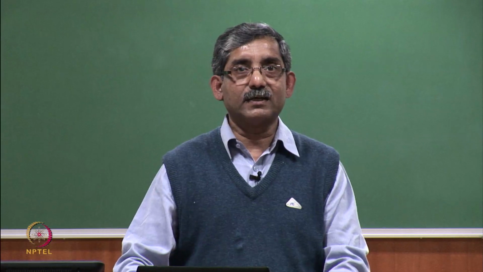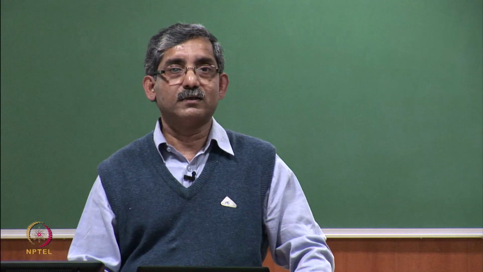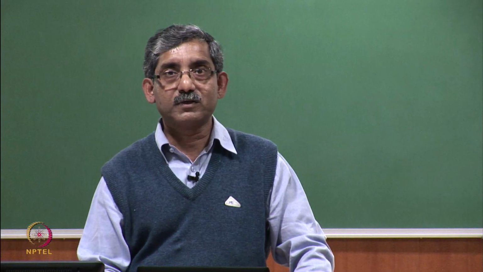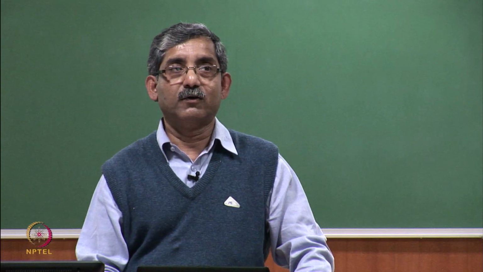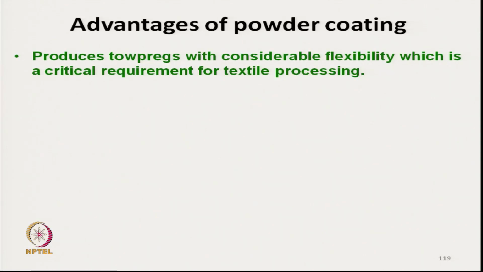The next technique is hybrid yarns from powder coating. This is the technique which has great potential in thermoplastic composite manufacturing for very high end application. The advantages are the produced tow pregs with considerable flexibility, which is a critical requirement of textile processing.